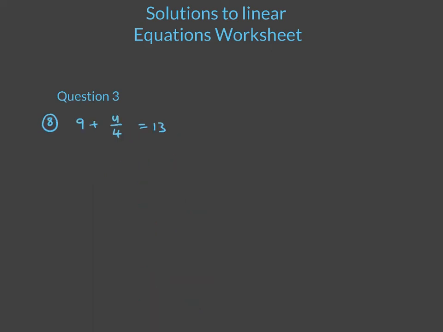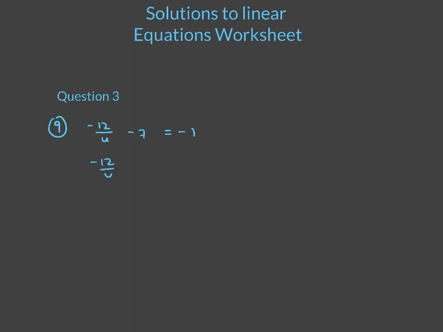Question 8. 9 plus u over 4 is equal to 13. Try to get u over 4 alone, so minus 9 on both sides of the equation. So u over 4 is equal to 4. Multiply 4 on both sides of the equation. So u is equal to 16. Question 9.